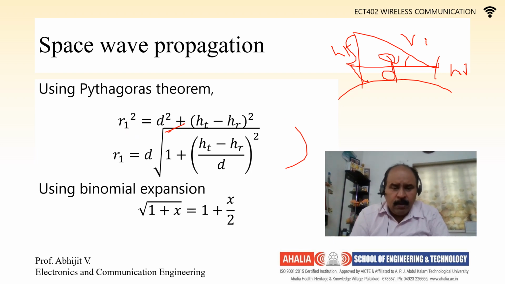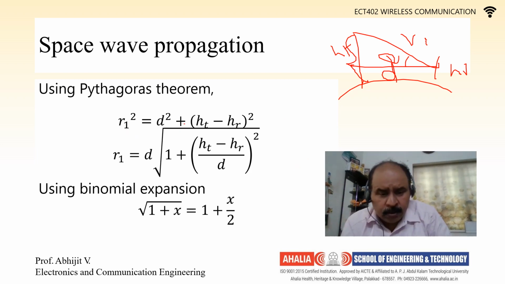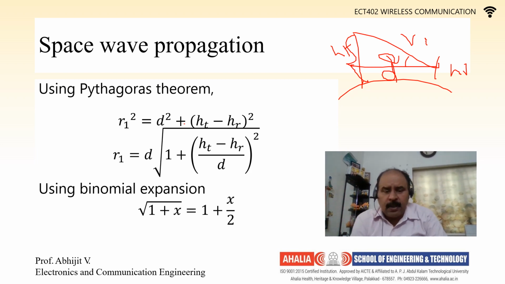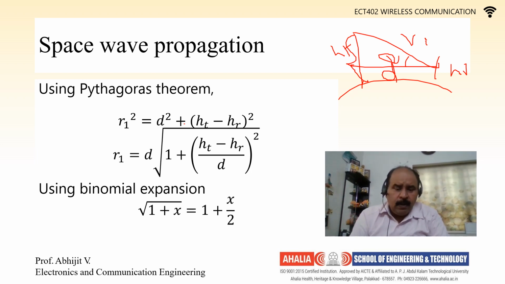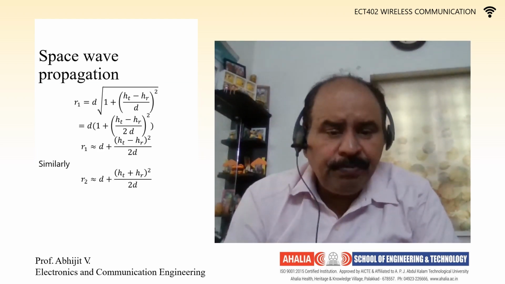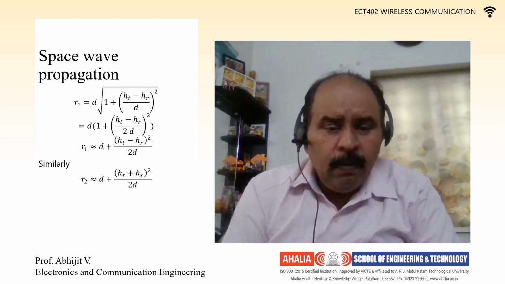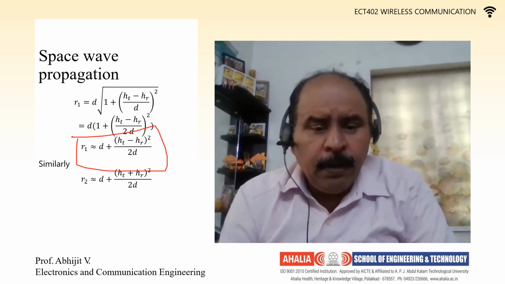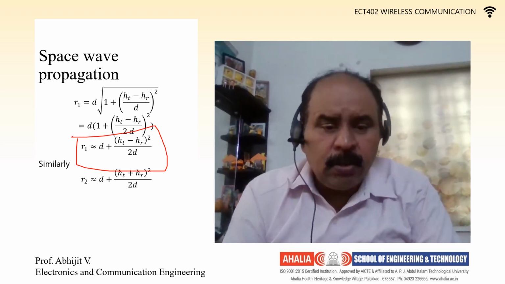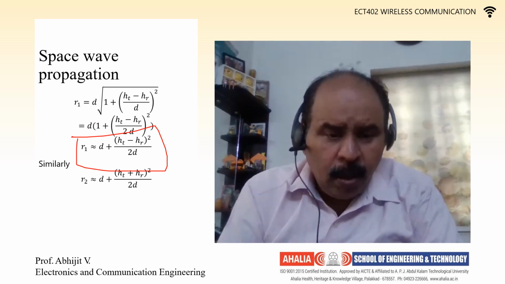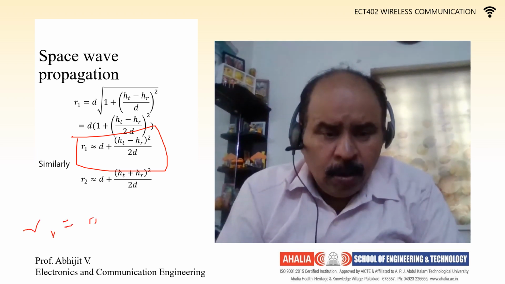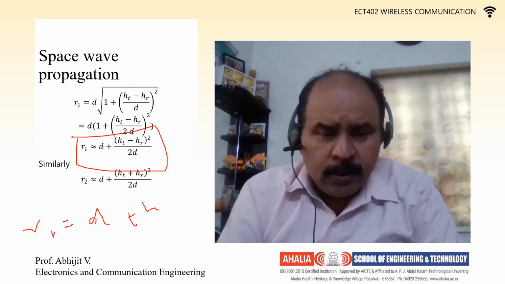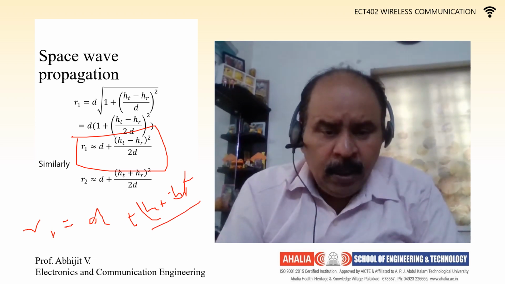So in that case we'll use our binomial expansion: root of 1 plus x is approximately 1 plus x by 2. So we'll get the value of R1 to be equal to D plus HT minus HR the whole square by 2D.